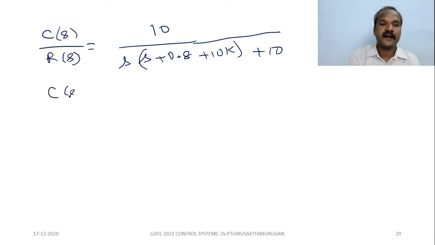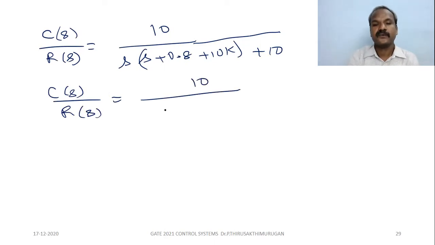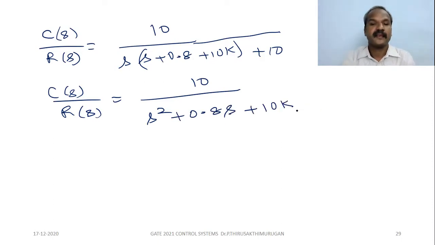So C of S by R of S equal to, bring it to standard second order form. So S into S square plus 0.8 S plus 10K S plus 10.